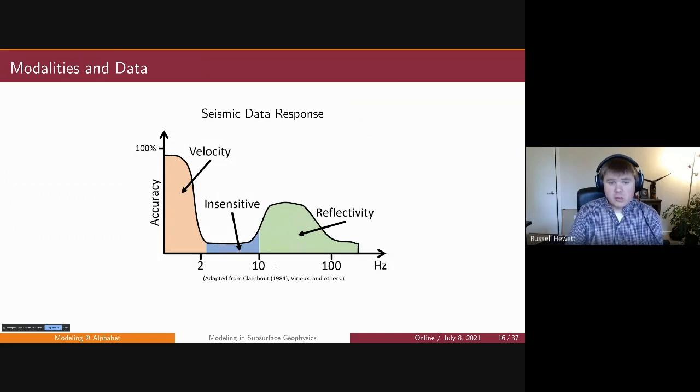Why would we use all these different modalities? Well, I've gratuitously taken this figure from a few people. We find that as a function of the input frequency, there are different regimes where seismic data responds better. Low frequency is much more responsive to velocity, high frequency is much more responsive to reflectivity, and this intermediate range of 3 to 10 hertz is actually rather insensitive.